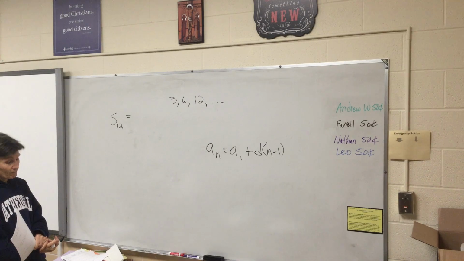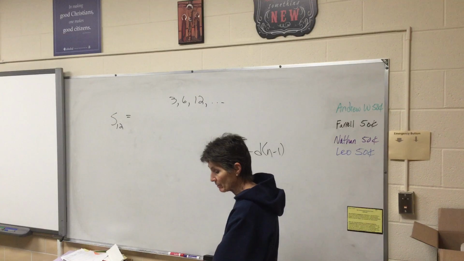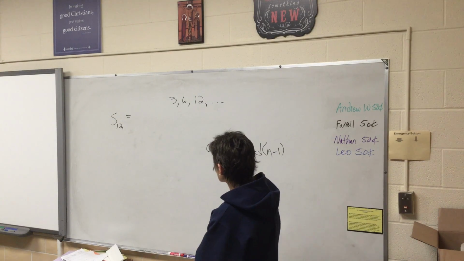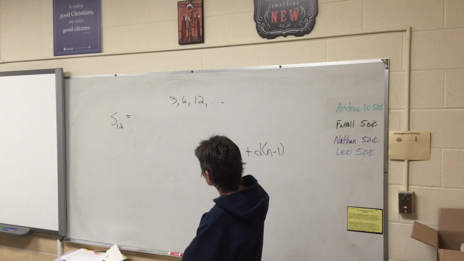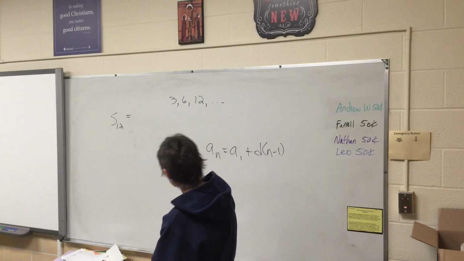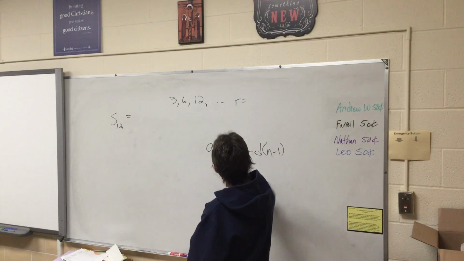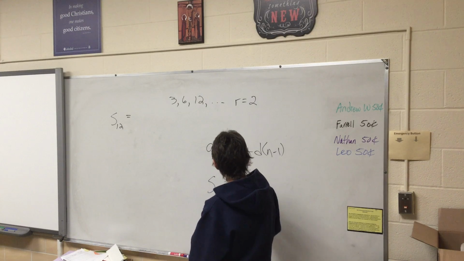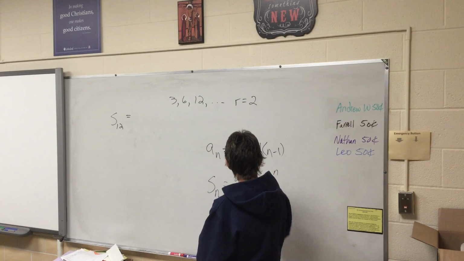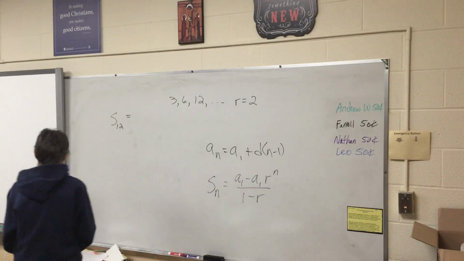Okay, so before you can even start, you have to figure out if it's arithmetic or geometric. So what do you think? Geometric. Yep, and what's the ratio? 2. 2, perfect. So we have a formula for geometric. Right there it is, that's our geometric formula.